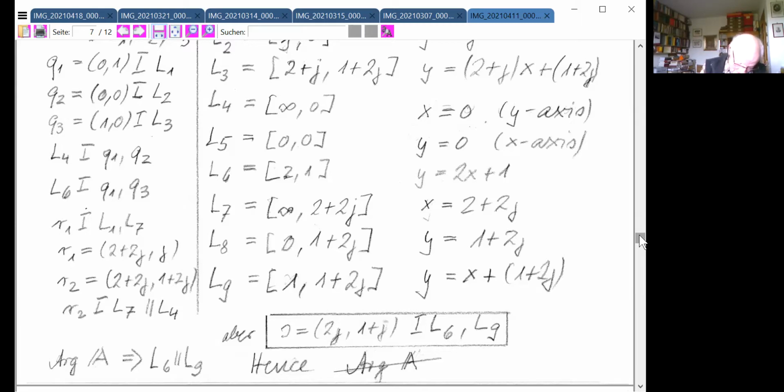This is on L6 and L9. So L6 and L9 are not parallel, they have a common point. And so this Desargues axiom is not valid.